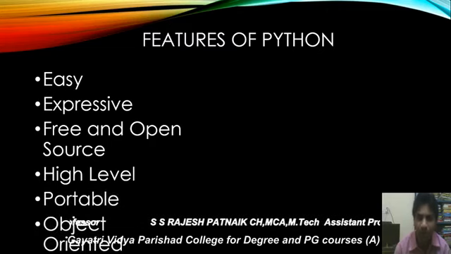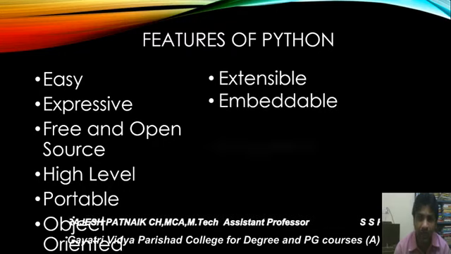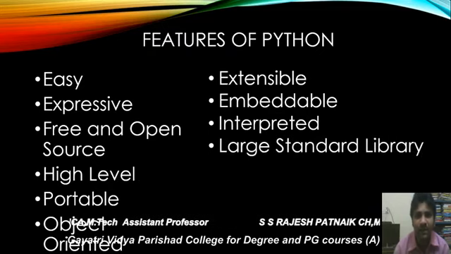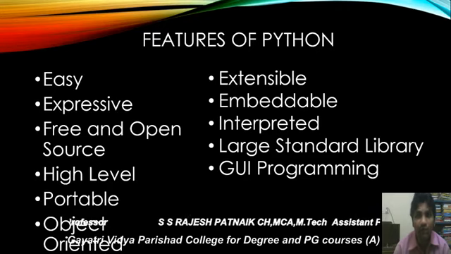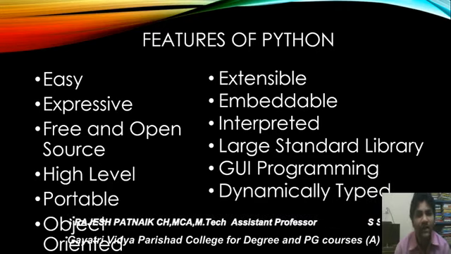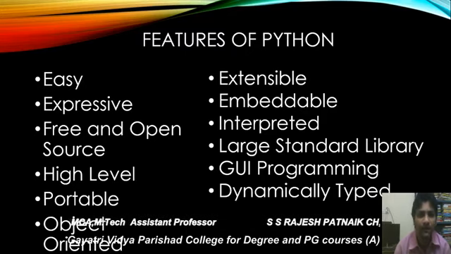It is object oriented. It is an extensible language. It is an embeddable language. It is an interpreted language. It has a large standard library. It also supports GUI programming. It is a dynamically typed language. So these all are the main features of Python.